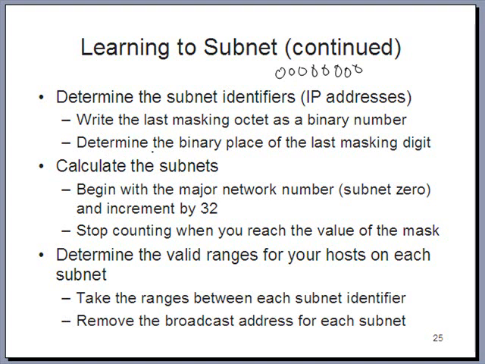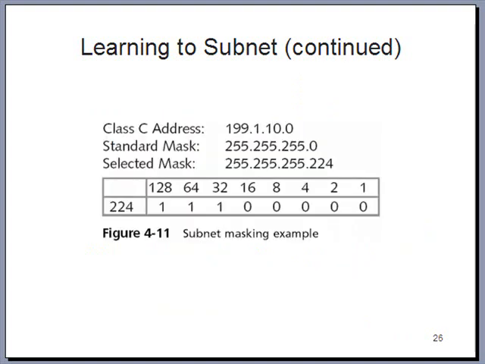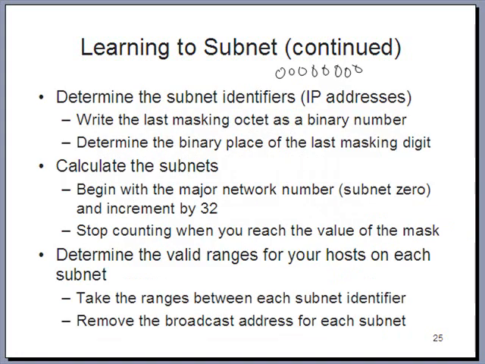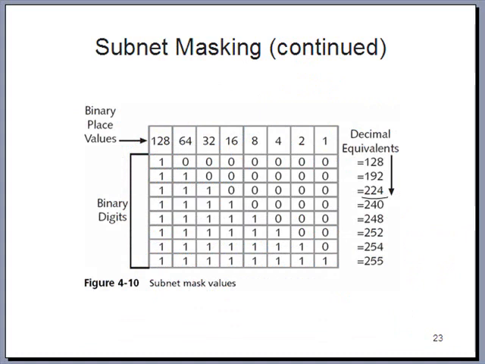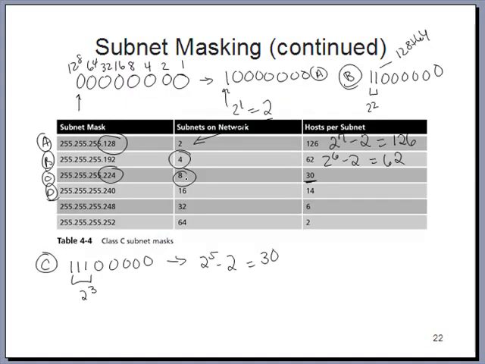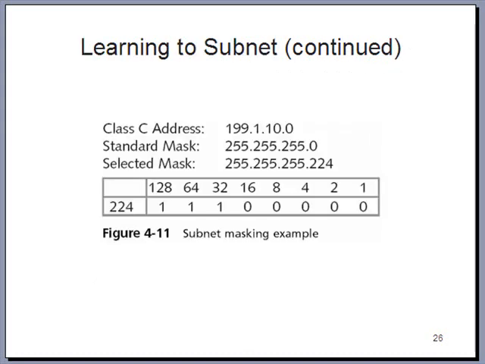Since this is the 224 network, that's right down here, this is the last digit, the third one over. So basically what I have left are 5 zeros. Let me return back to the previous slide and enter that in.